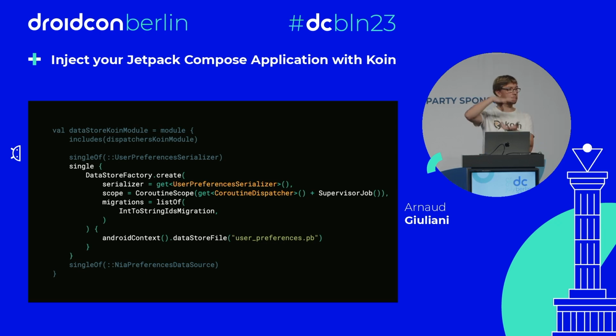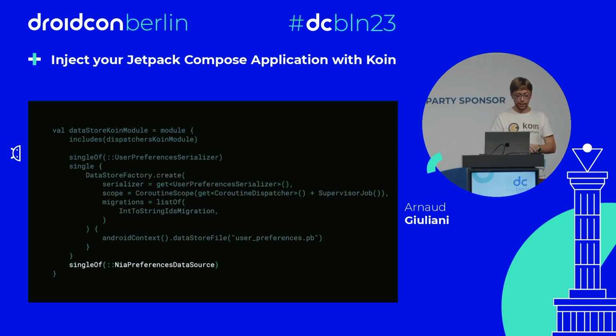And you see it's a big block of lines, but we are directly using the API because it's a Kotlin expression. Koin allows you to use the Kotlin expression directly. And finally, you see one of the latest improvements in Koin is we don't have any get or stuff. We can just say single, then the class that we would like to create. And we are creating an instance of NIA preference data source that really abstracts everything to have a preference data source to store everything for offline content.